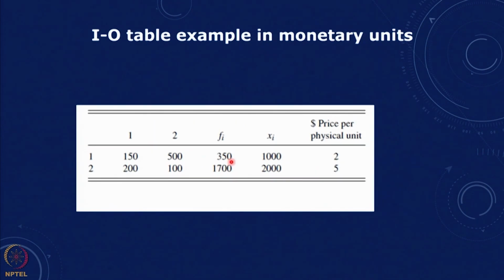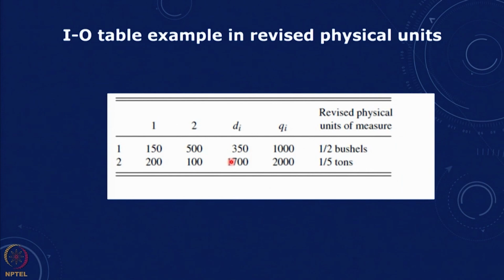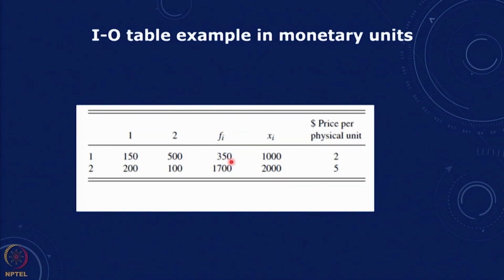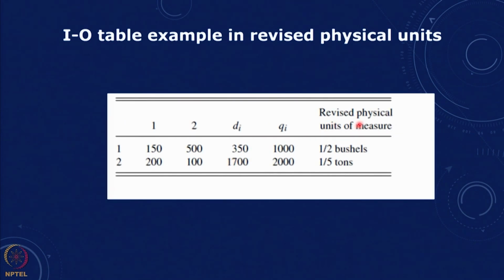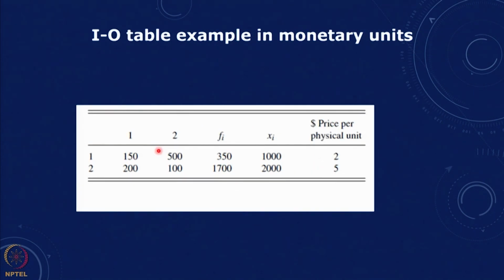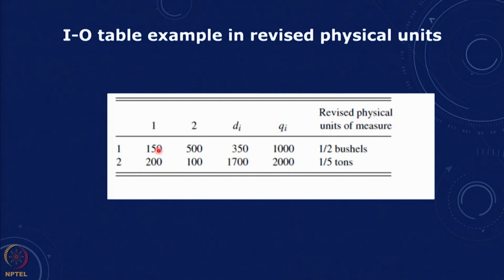We could also go back, and if you see this 150, 200, 500, 100 that we got, after multiplying this, if we change the revised physical units of measures to reflect the price, then this is the matrix that we got, and it can be converted into physical terms. That means we now have this as 150, 500, 350, 1000 in physical terms.